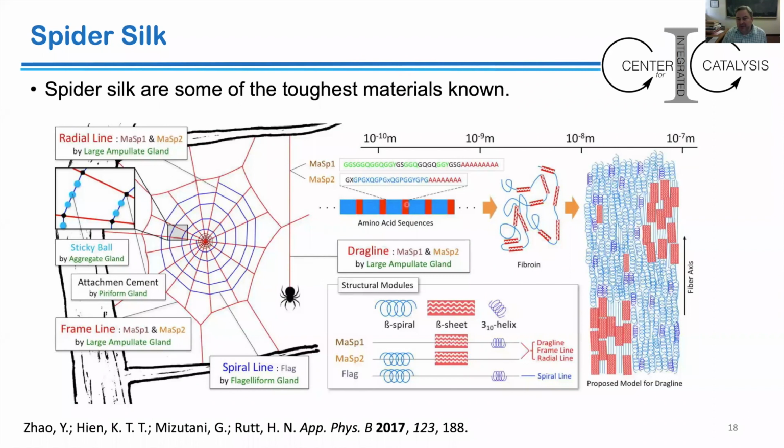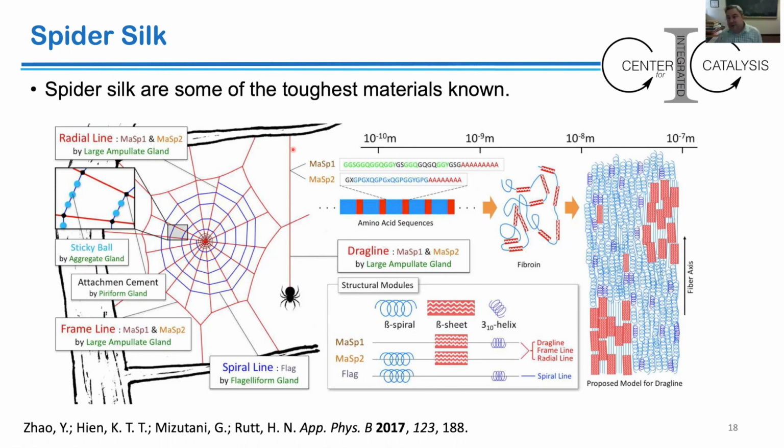And if you look carefully at that dragline, it has these peptide sequences that have alternating glycine alanine, and then there is a crystalline domain that's from a lot of alanines that are together. And so you have this alternating sequences of these amorphous domains and crystalline domains that then can stack together. And this blend of materials is what comprises the spider silk.